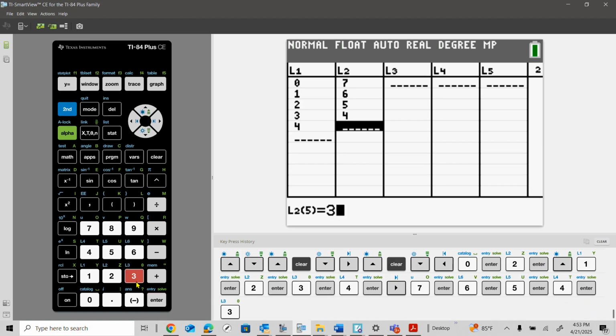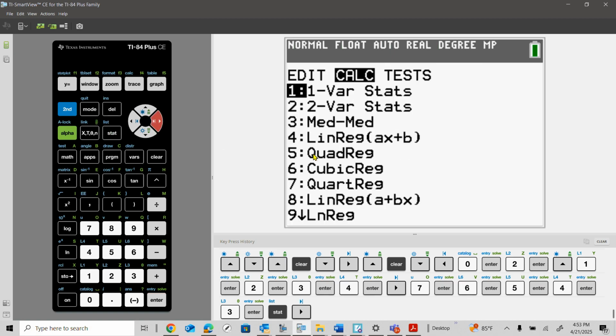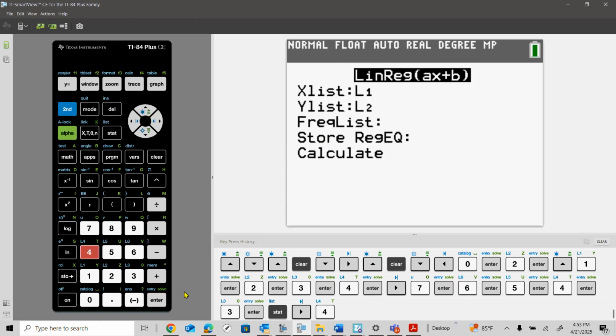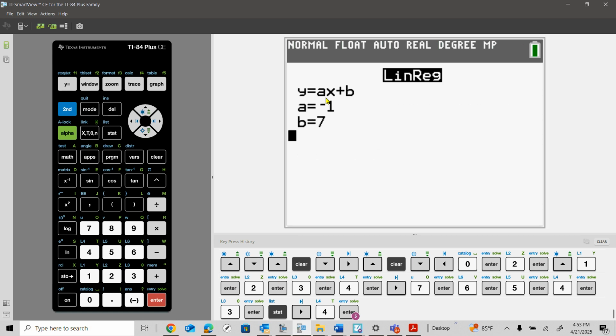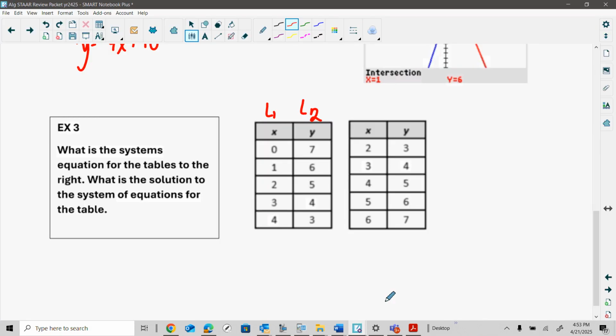Okay. All right, so now I want to calculate this equation for this table. So you hit stat again, arrow to the right, we pick 4, which is linear regression, hit enter, and there is my a, my b. So my slope is -1, my y-intercept is 7, so I'm going to write that down for this first graph. We have y equals -x plus 7.